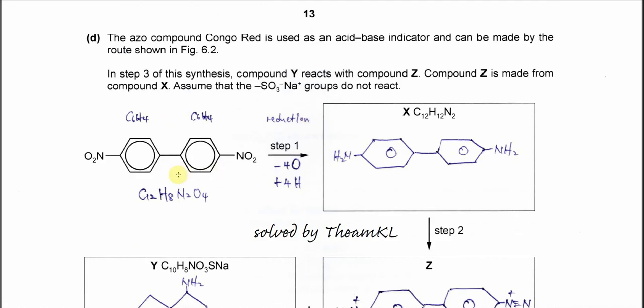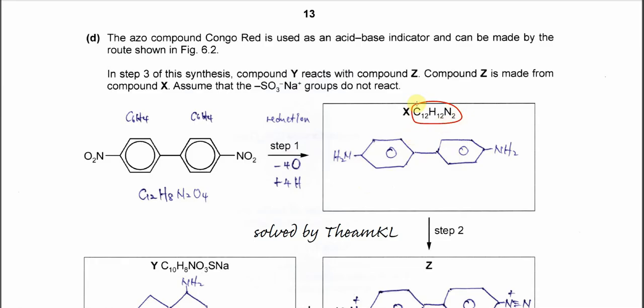We have this compound, the 2 benzene rings with the 2 nitro groups, and this compound undergoes step 1. Initially it is blank, so you need to deduce a structure from this molecular formula.